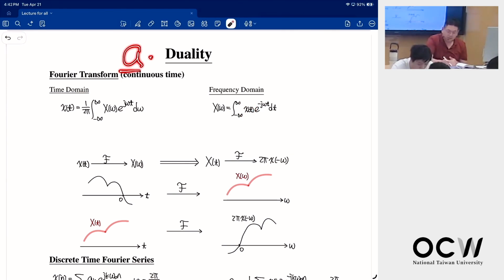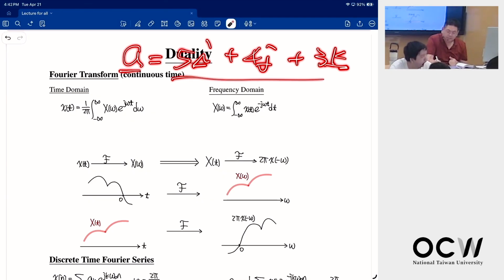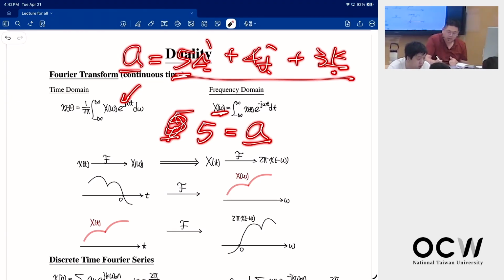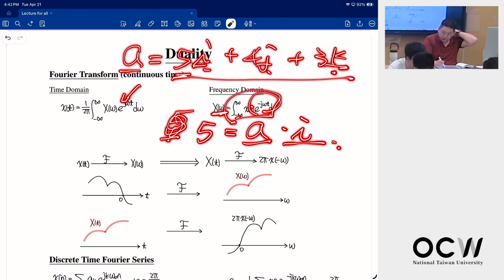Again, A is 5i plus 4j plus 3k. Those are the bases, and I do the linear combination. To get your coefficient, that is your signal in the product with your basis. And in the function here, we need to do the conjugation. So that's why you have minus.